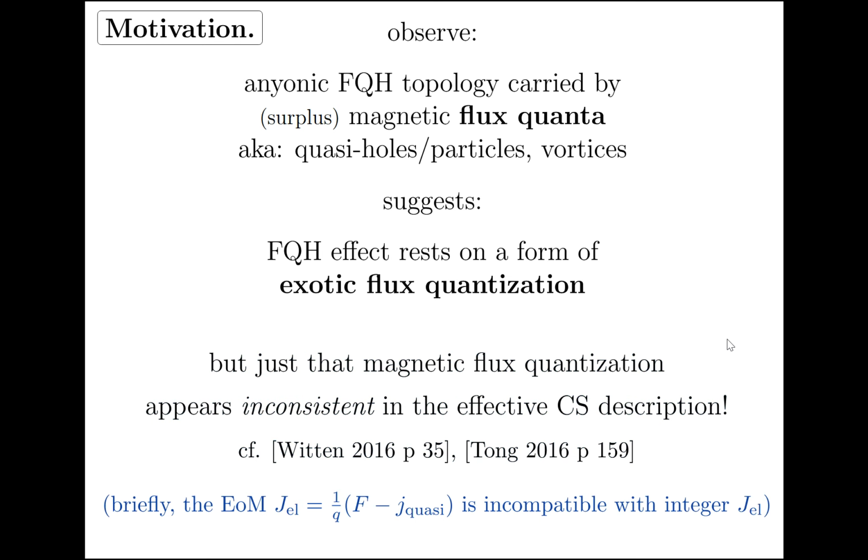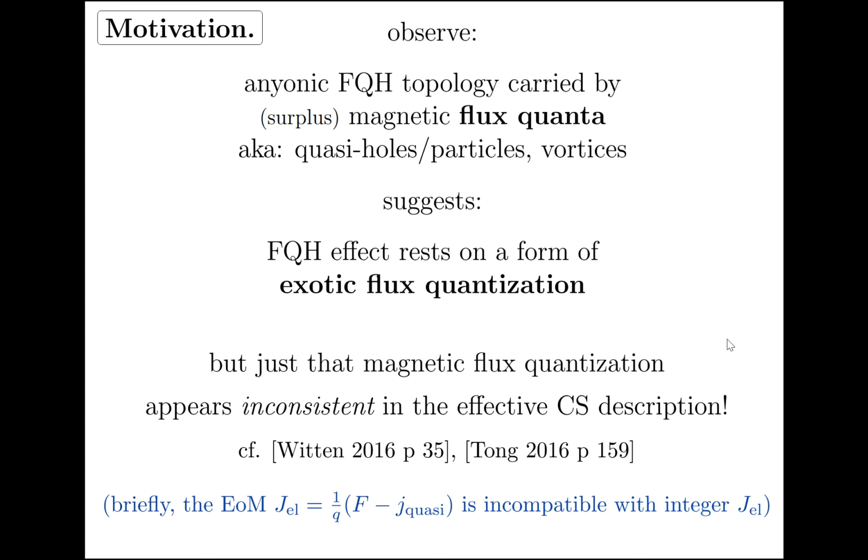It comes down to the fact that the equations of motion in this system say that the electron current, which in this effective Chern-Simons theory is the flux density of this auxiliary gauge field, and hence must be integral, because there is also an integral number of electrons, is, if we're at unit fraction 1 over Q, so now I call it Q, that was the capital K before, the Qth fraction of the total magnetic flux minus the quasi-particle density.